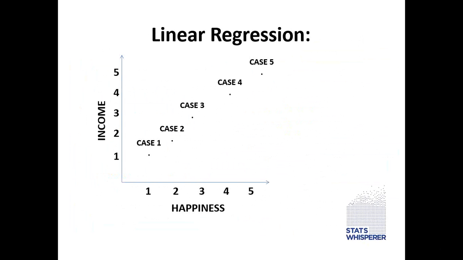So you would say as income goes up, the level of happiness goes up. So if you got rid of where it says case, you could actually say that these dots form a line, right? So we superimpose this dotted line here to illustrate our point. So this is called the regression line.